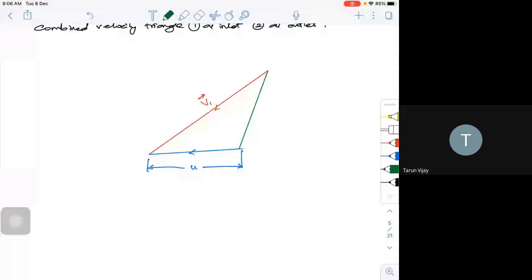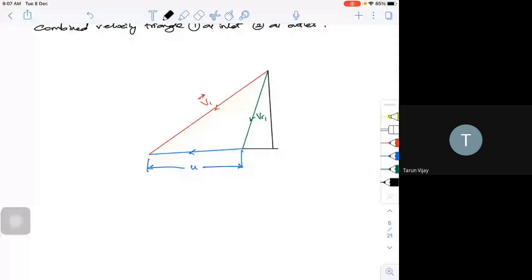I can construct a velocity triangle like this, this is my VR1. There are two components of your velocity V1, one being your VW1, and one being VF1. So this will be my VW1, which is in this direction, and I will be having V1 in this direction.